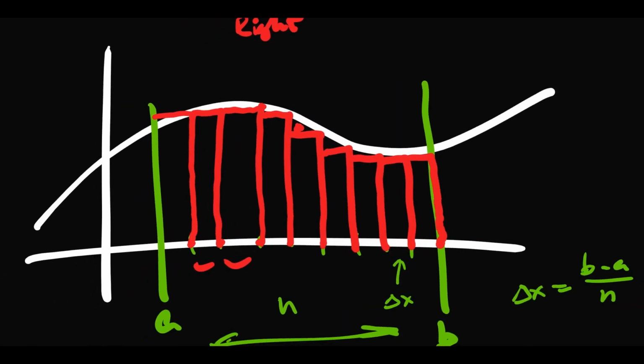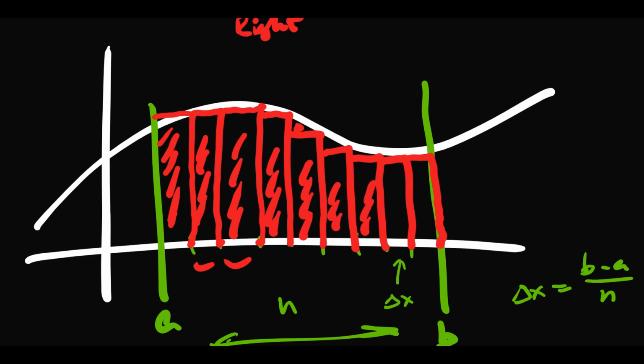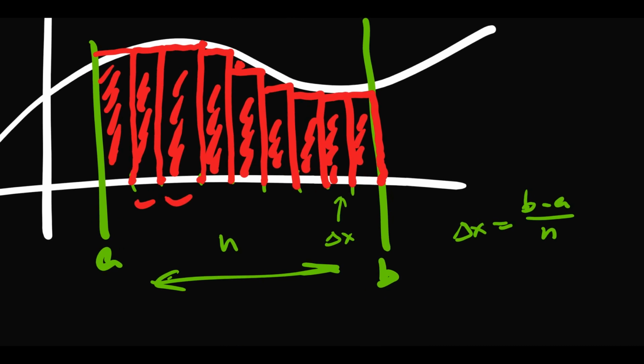So in order to find the area under the curve, we add up all the areas of all these little rectangles. The area of each rectangle is going to be this delta x piece times the height of each rectangle. And the height of the rectangle is just the actual value of the function at these little x values. So I'll use a different color. You have an x value here, here, here, and so on.